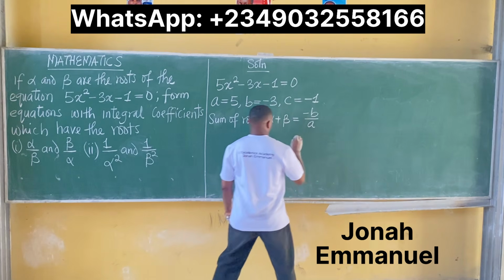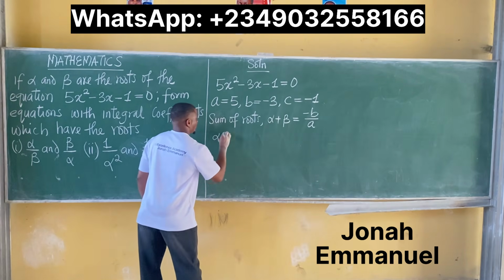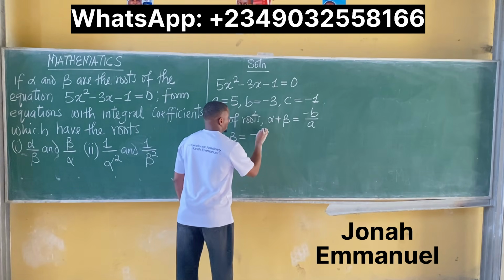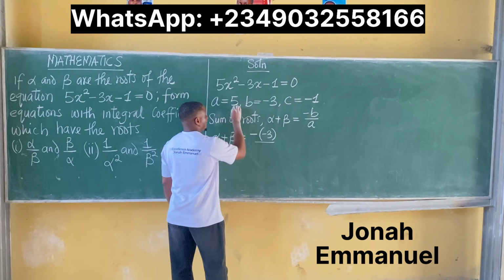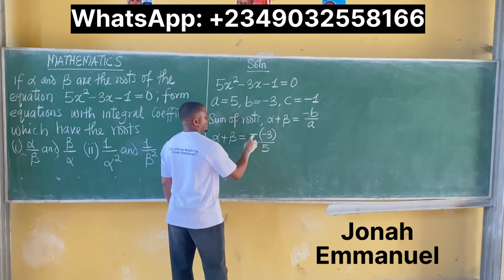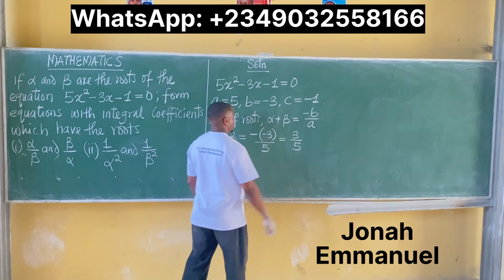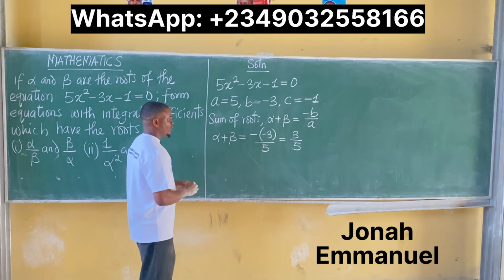So alpha plus beta equals minus, the value of b is minus 3, so minus minus 3 all over the value of a, which is 5. Minus minus 3 gives you 3 over 5. So alpha plus beta is 3 over 5.